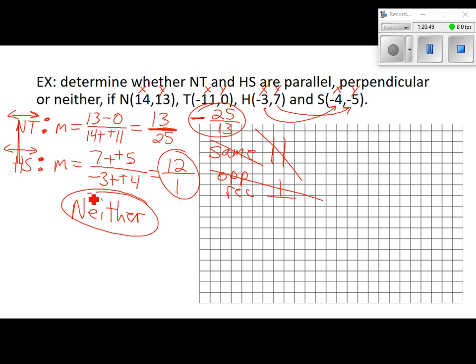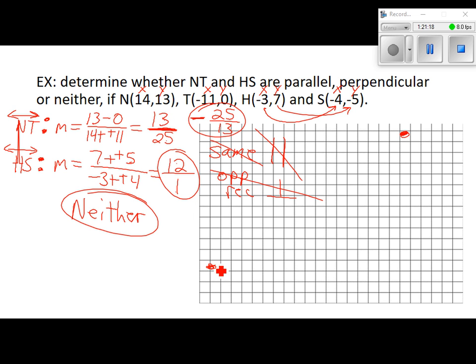So if we were to graph them, what would end up happening? These numbers are pretty big, so I might not be able to graph them, but let's see, 14 and 13, negative 11. I probably don't have enough on here. If we were to graph them, 14 and 13 would be out here somewhere, negative 11 and 0 might be way down here somewhere.